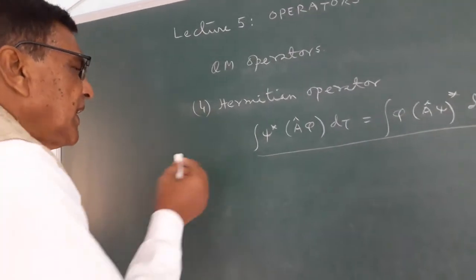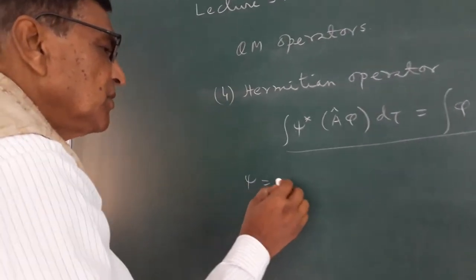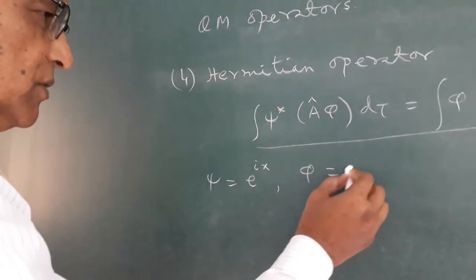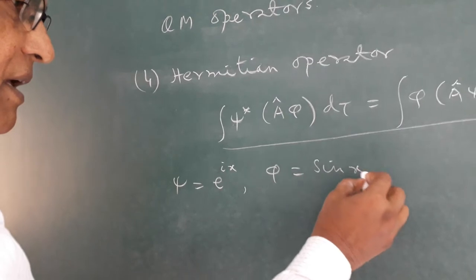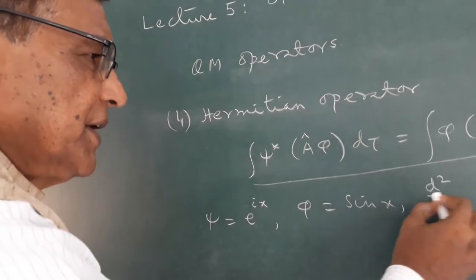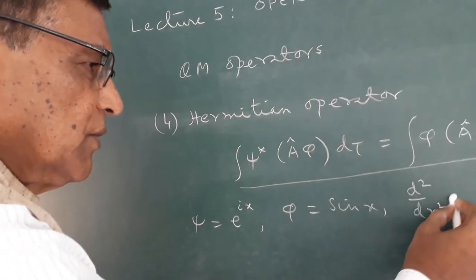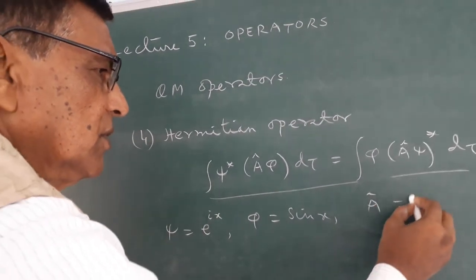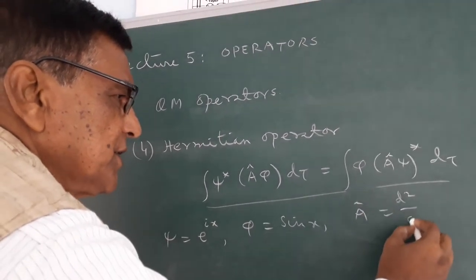Say one example: psi equal to e to the power ix and phi equal to sin x, and A cap equal to d²/dx².